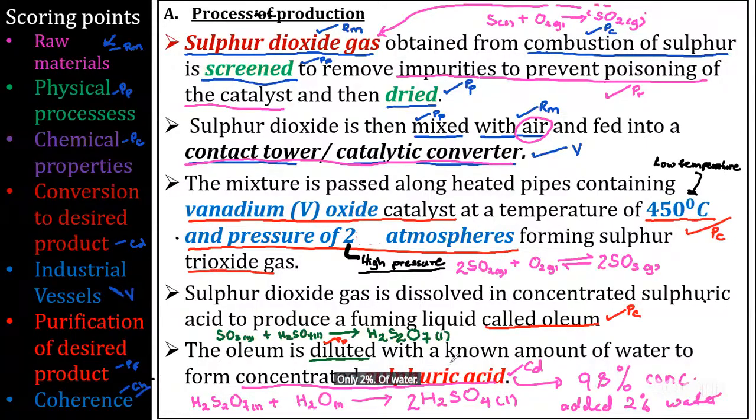So if a learner, instead of saying with a known amount of water, comes here and replaces these words in a circle and says with little water, that learner is correct because very little water is used to dilute the oleum.